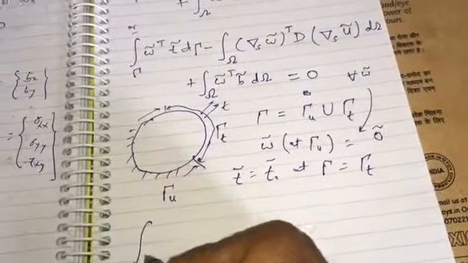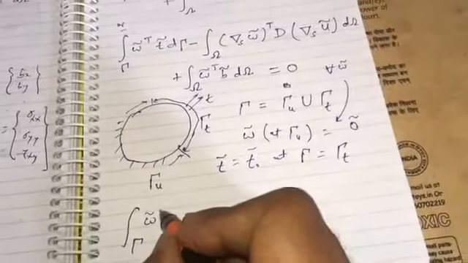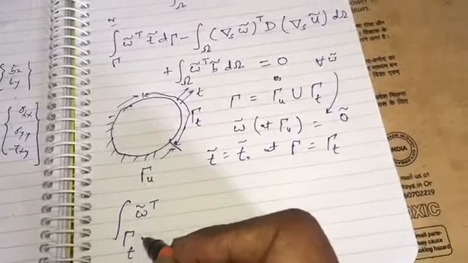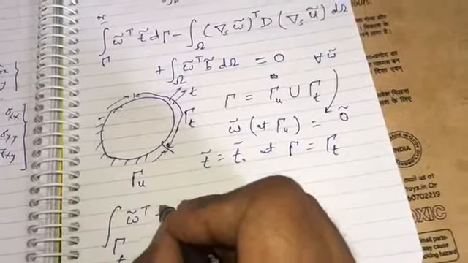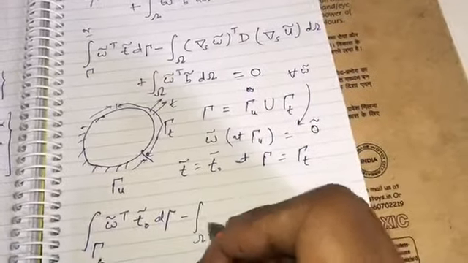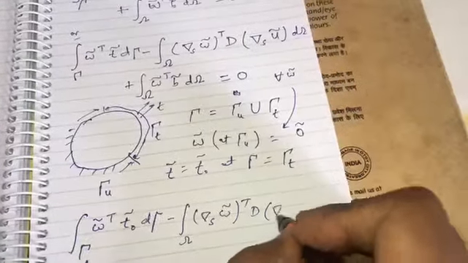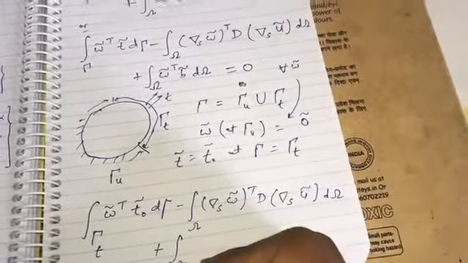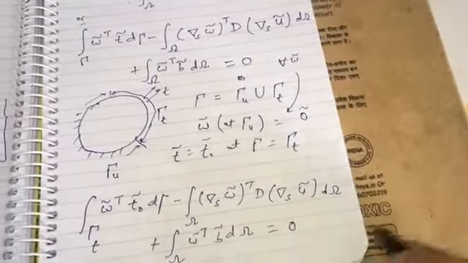So integral over gamma t of w transpose t, we write gamma t because when gamma equals gamma t only then this term will be there, and this term becomes t naught, which is prescribed or given, minus all other terms: integral of del S w transpose D del S u d omega, plus integral over omega of w transpose b vector d omega equal to 0.